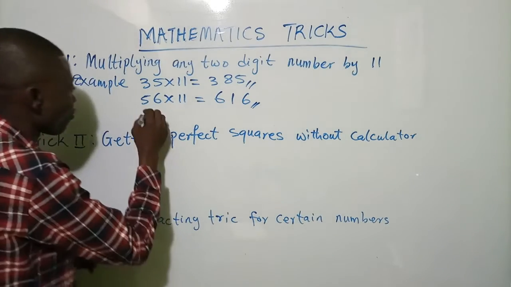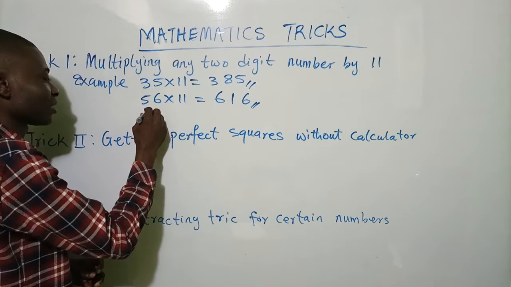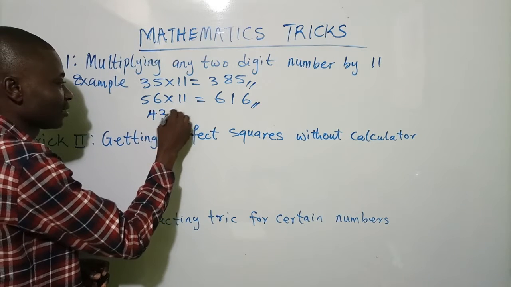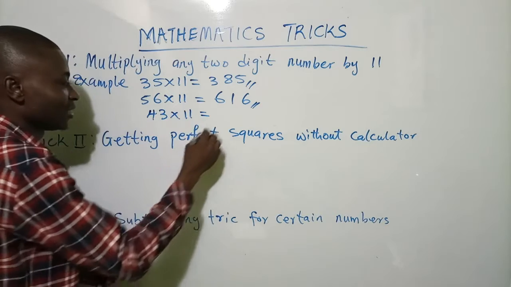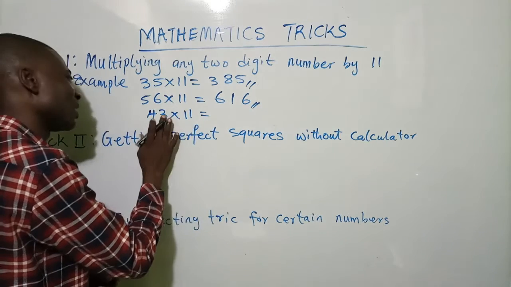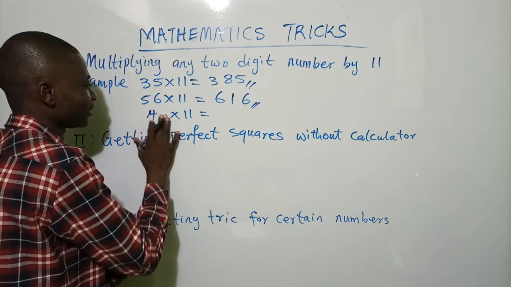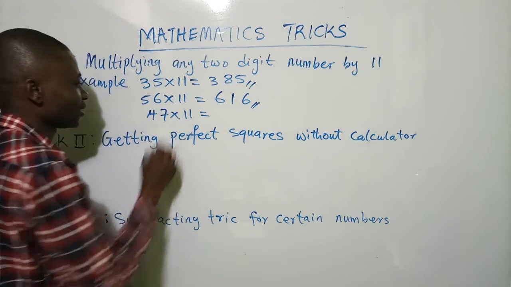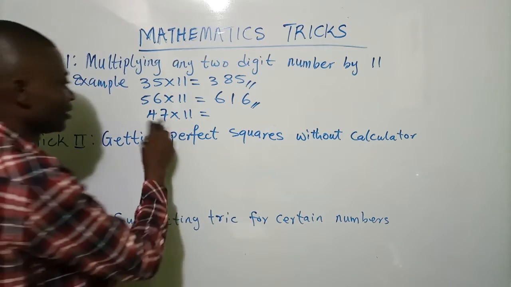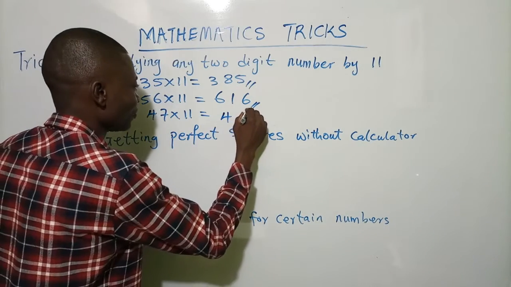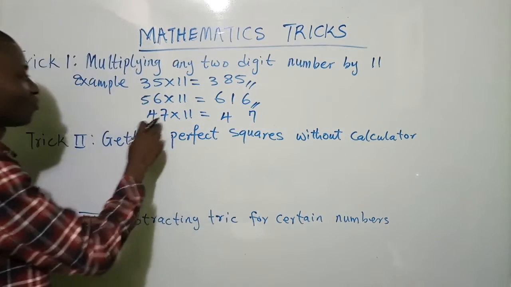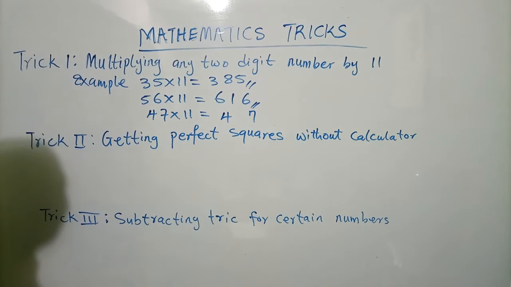Let's take one more. For instance, let's say 47 times 11. You open up again like this. 4 plus 7 is what? It's 11.